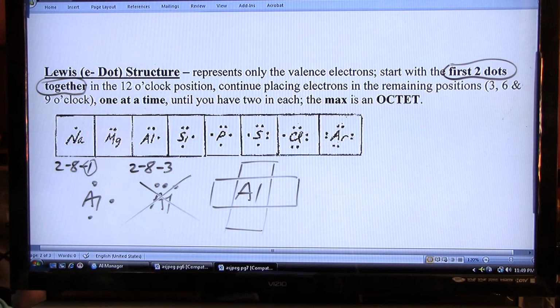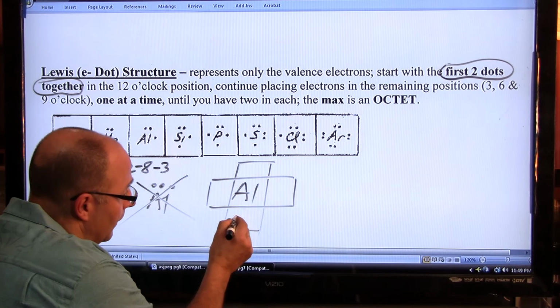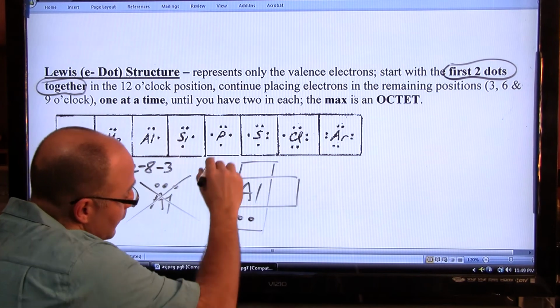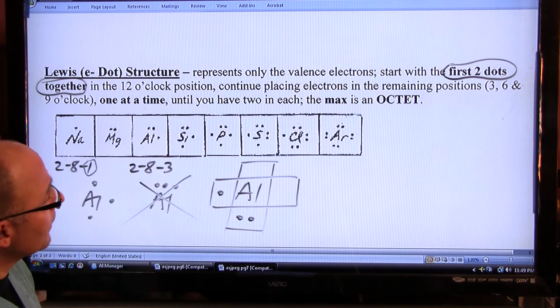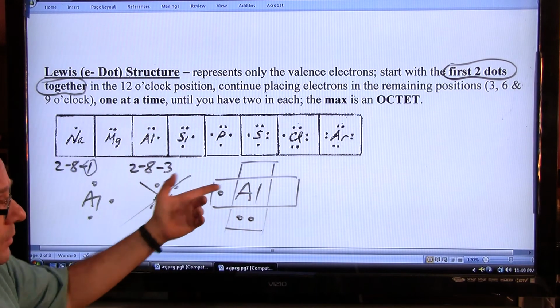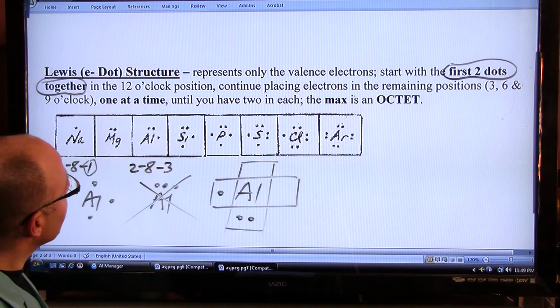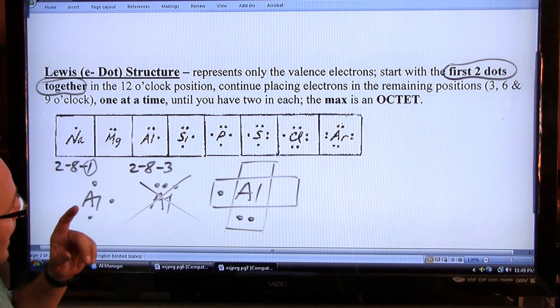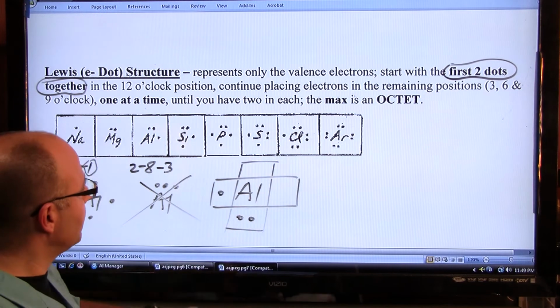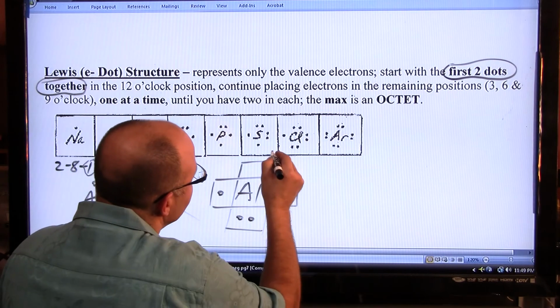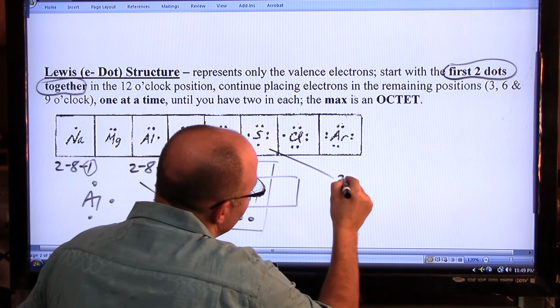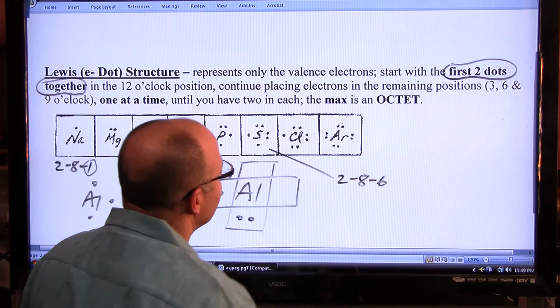And then, of course, you could have started at 6 o'clock, and then continue clockwise, place an electron in each of the remaining quadrants, if the element has more than 3 valence electrons. So, for example, if we go to sulfur here, sulfur's configuration is 2, 8, 6.